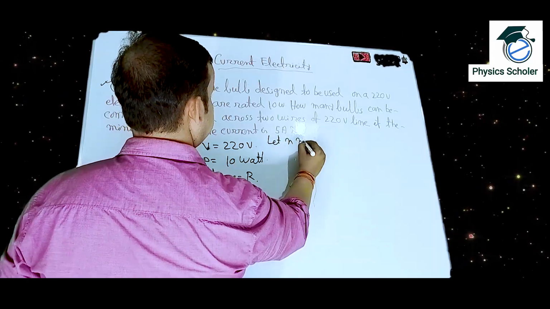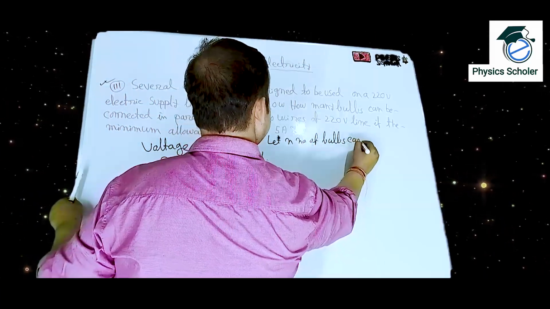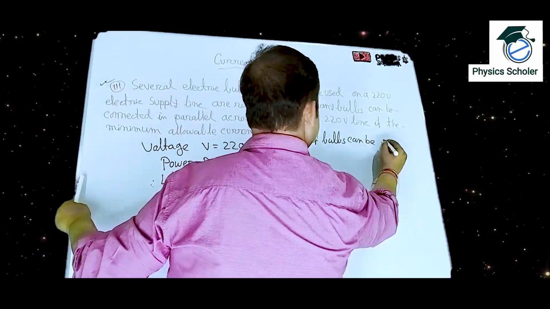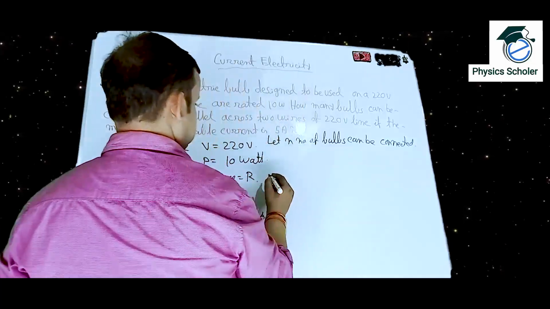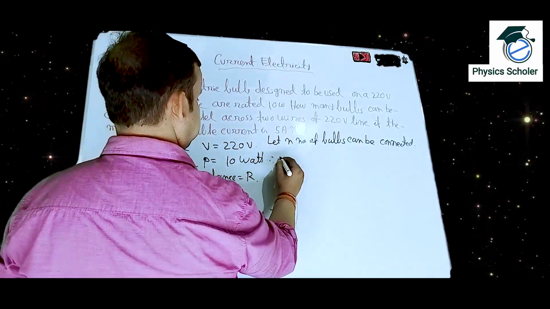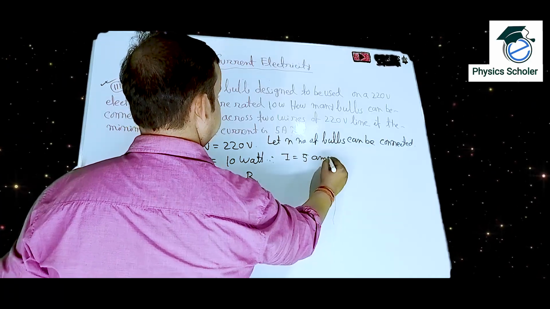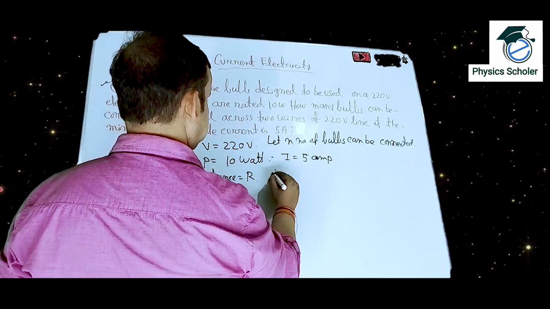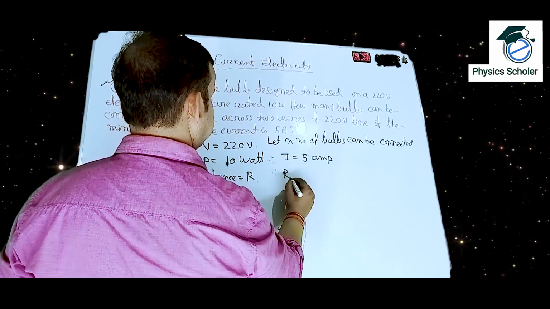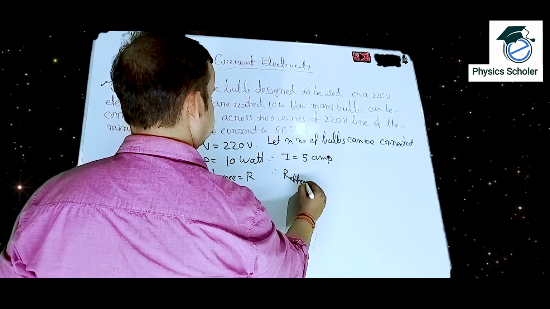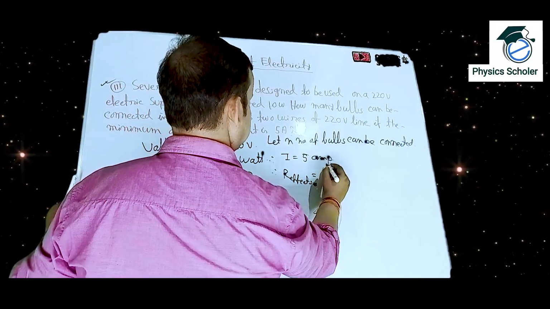Okay. Now let n number of bulbs can be connected. So current drawn I is equal to 5 ampere. So effective resistance R is equal to, what do we know?